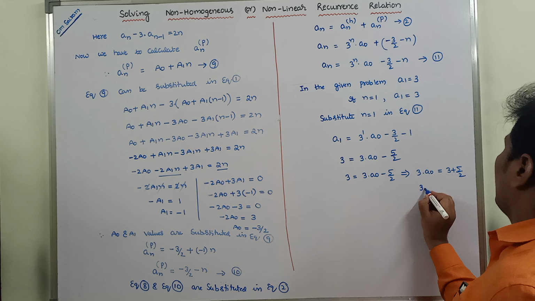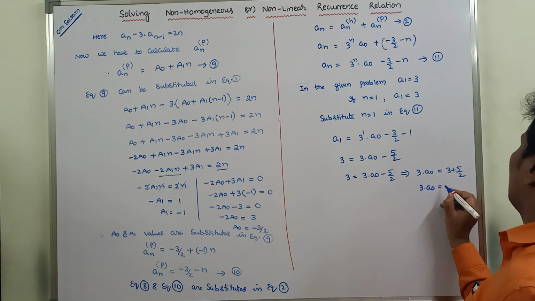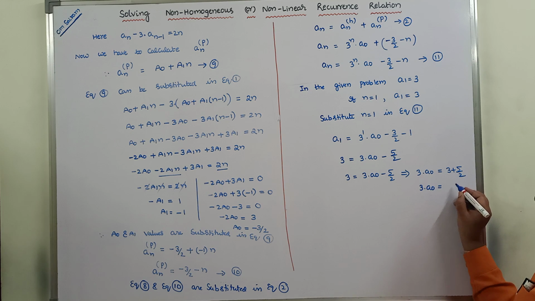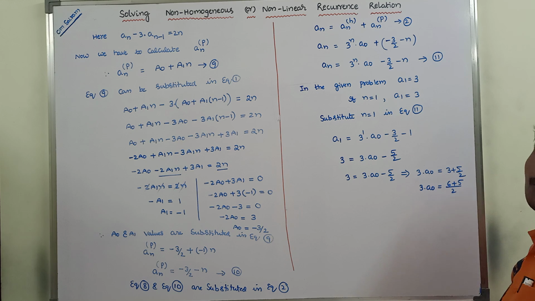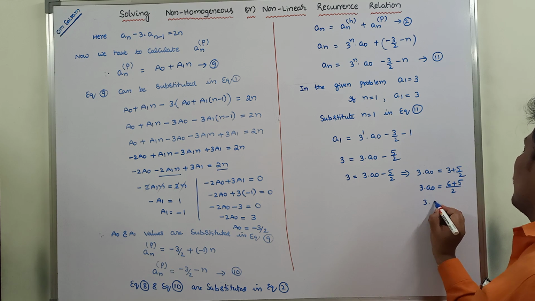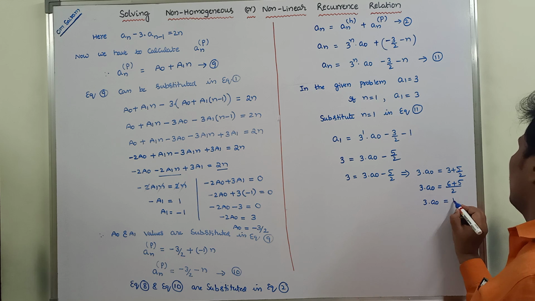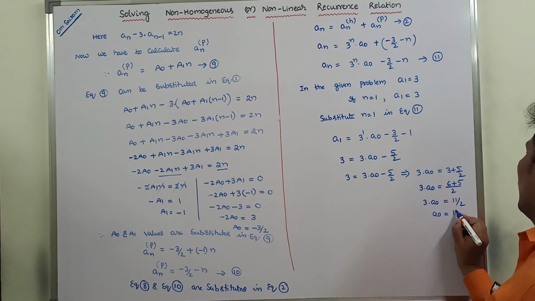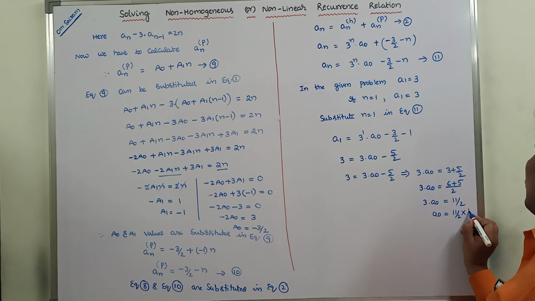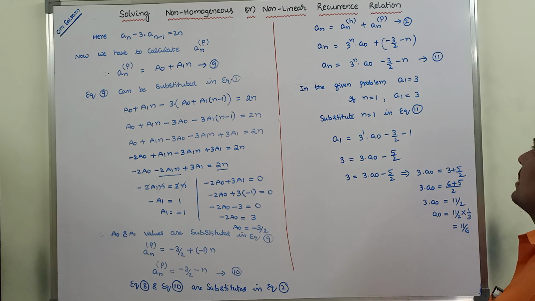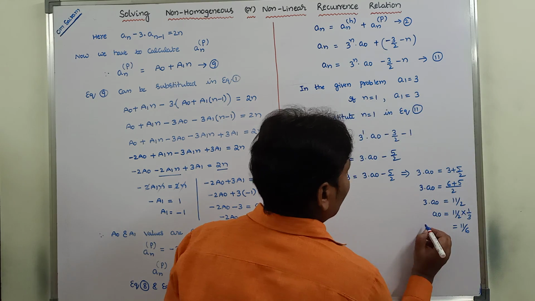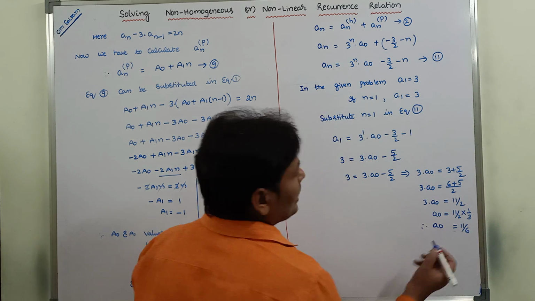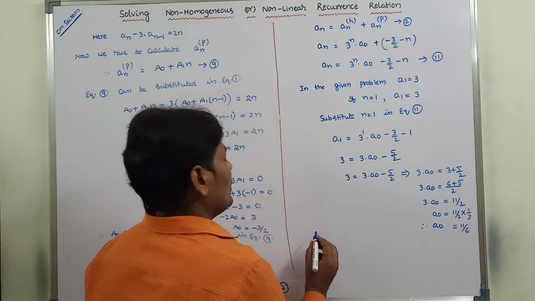So LCM 2, 6 plus 5 by 2. That is 3 into a naught is equal to 11 by 2. So a naught is equal to 11 by 2 into 1 by 3. So that is equal to 11 by 6. Therefore the a naught value is equal to 11 by 6.